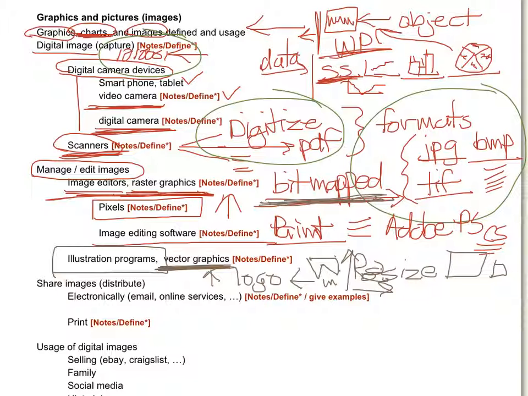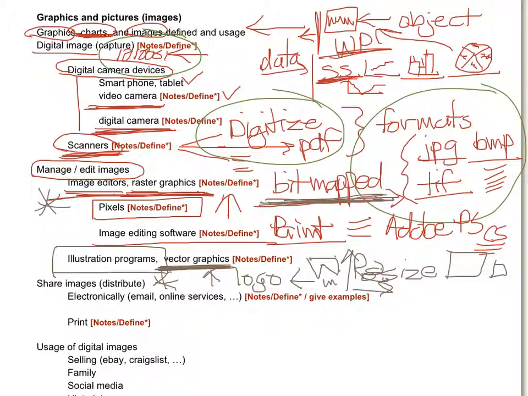If you're going to take a picture of somebody and manipulate it, that would all be here. If you're going to create a logo, a diagram, blueprints, all kinds of things, that would fit more here.